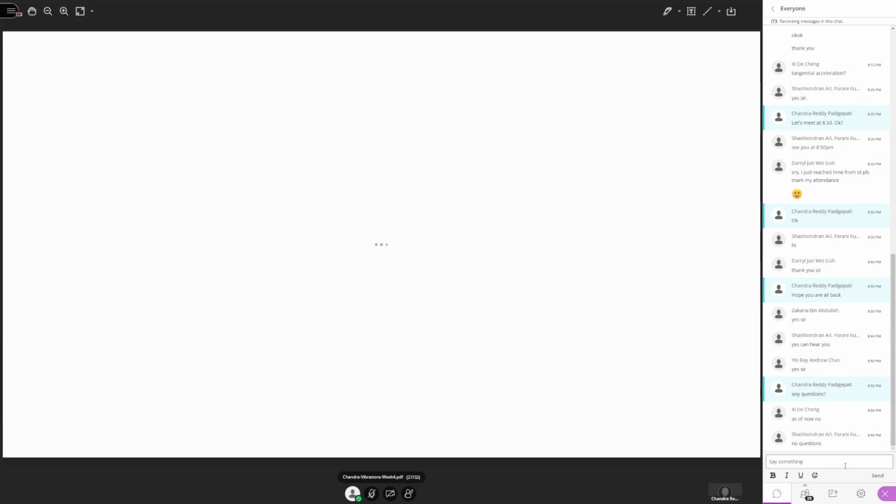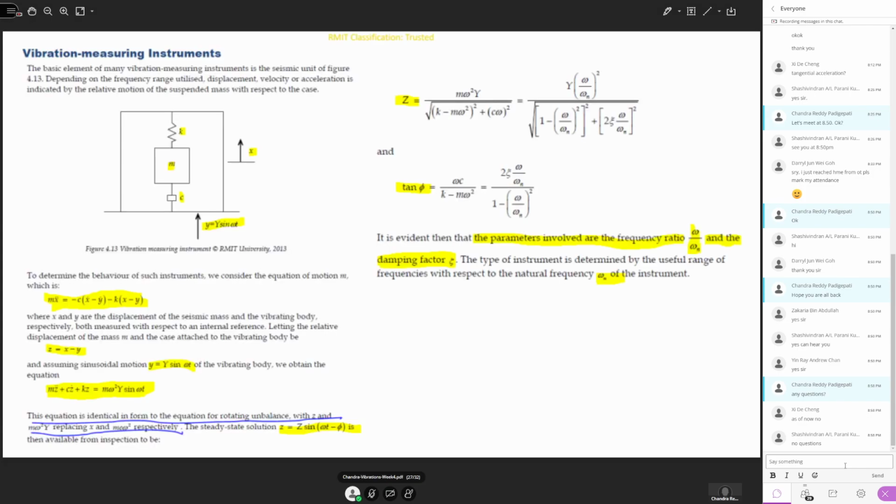Okay, so next we talk about vibration measuring instruments. There are different types of vibration measuring instruments.